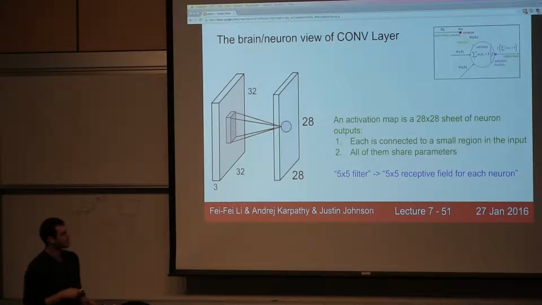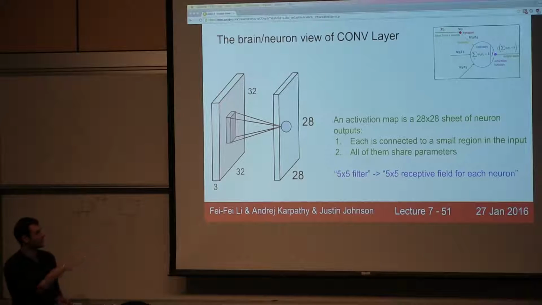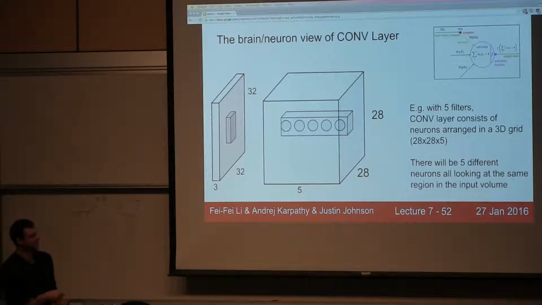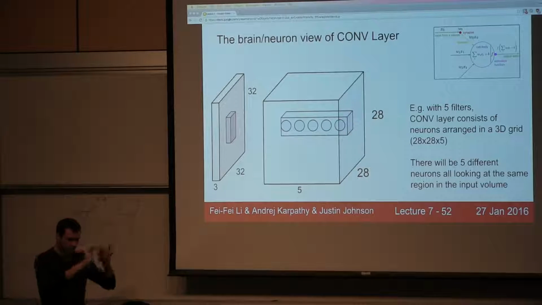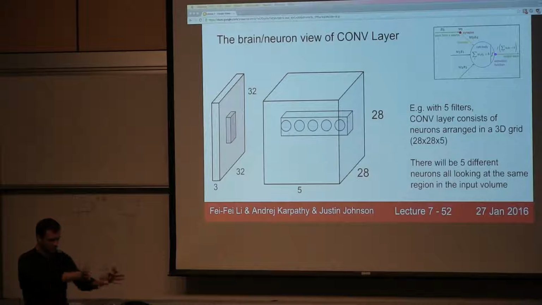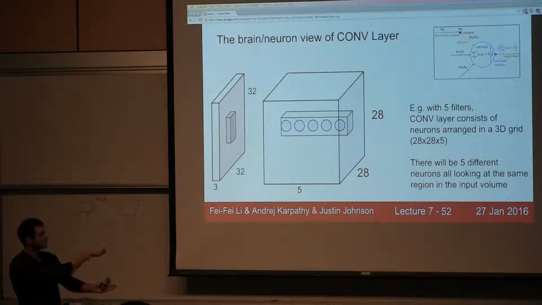And okay, so that's neurons that share weights in one activation map. But of course, we have actually several filters. So for example, we have 5 different filters. So the full view of this is that you have a 3D volume of neurons arranged in this 3D spatial layout. And all of them are looking at the input volume in a local pattern and sharing parameters across space here.